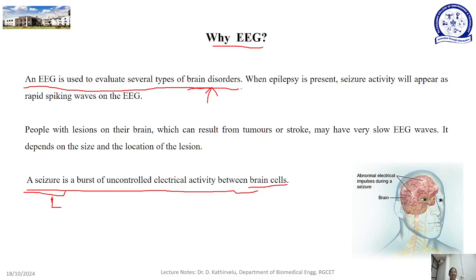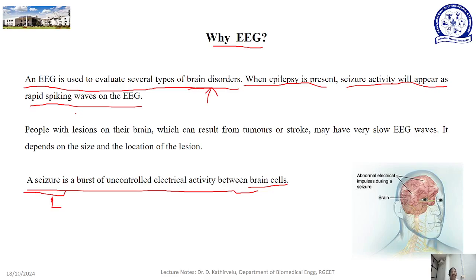Let us take epilepsy, for example. When epilepsy is present, seizure activity definitely occurs, resulting in abnormal spikes in EEG waves. In short, when the brain is normal, the brain cells communicate with each other by normal electrical waves.